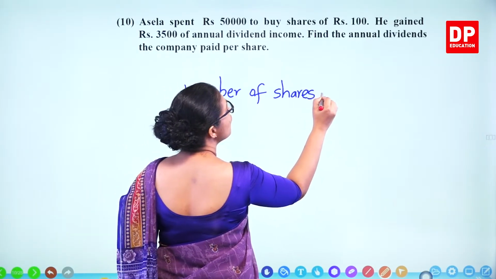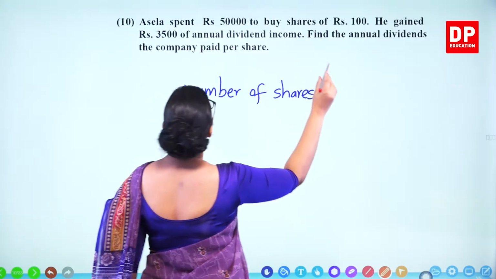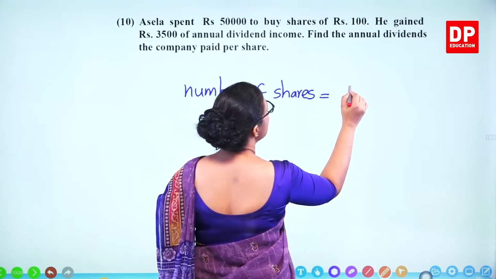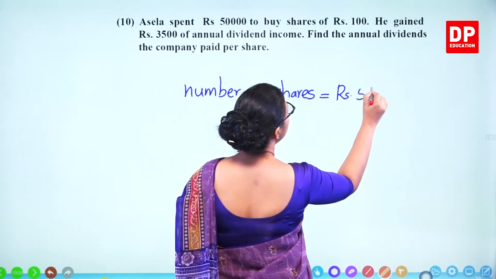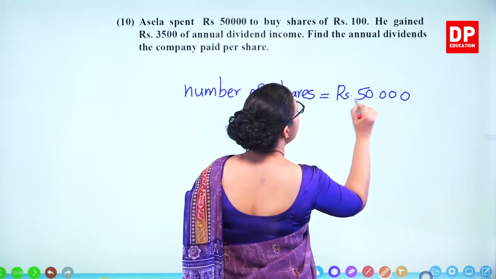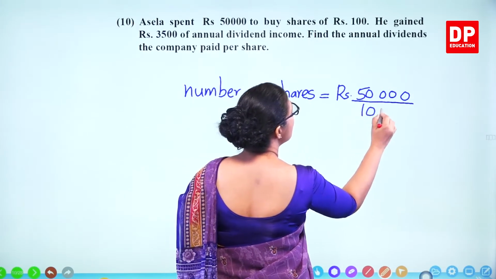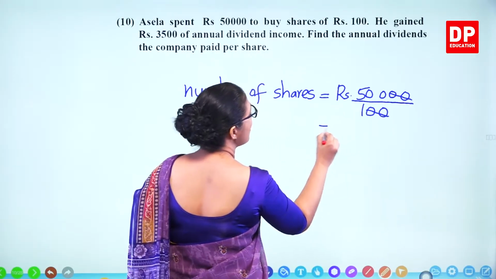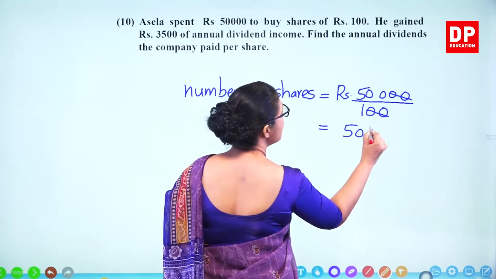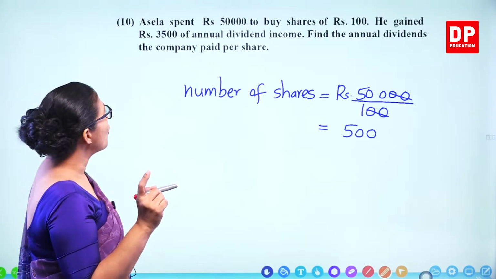Number of shares, how do you find it? He spent 50,000 rupees and one share is 100 rupees. So we can find out how many shares. So 500 shares the sailor bought.